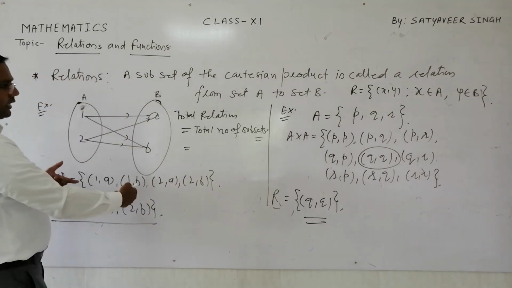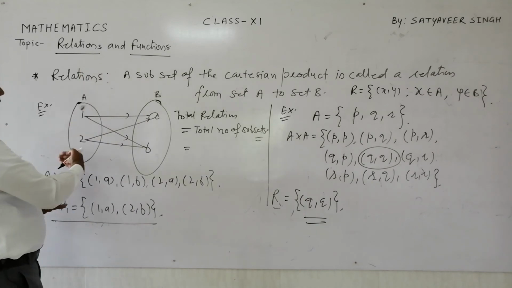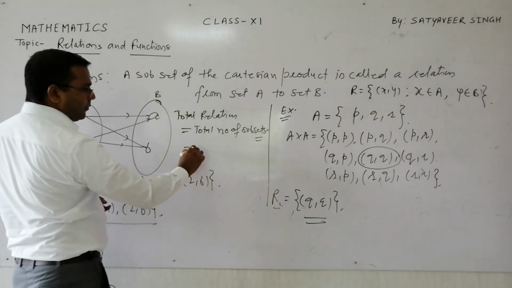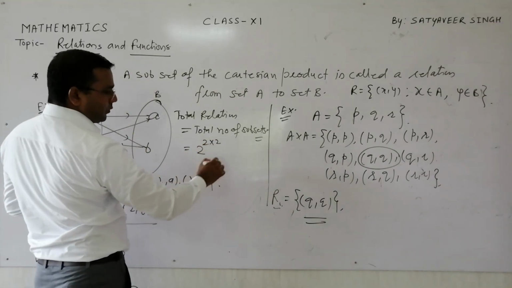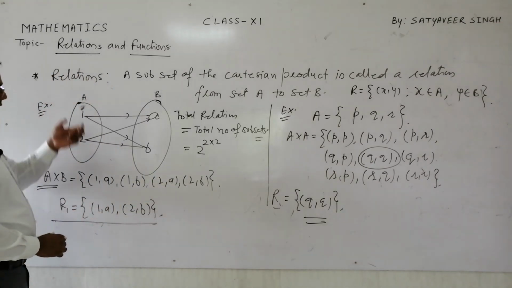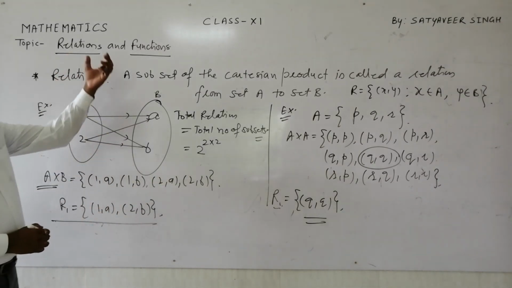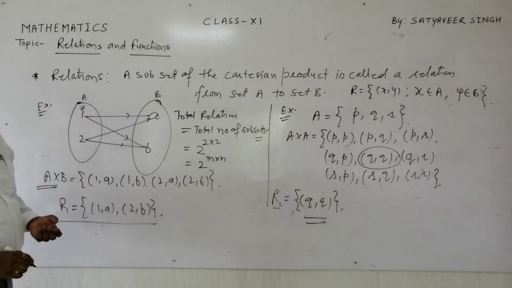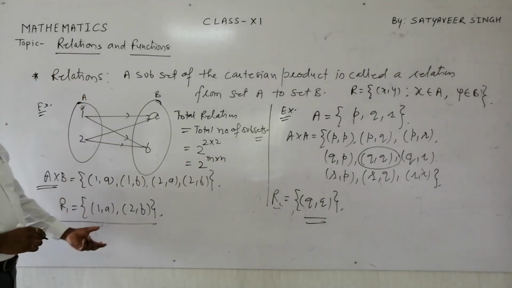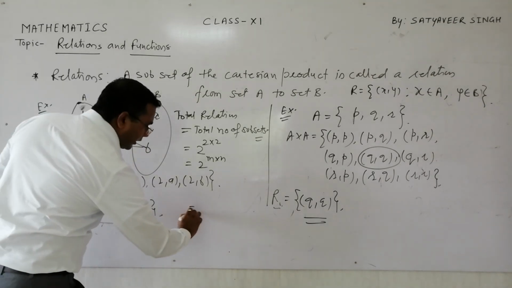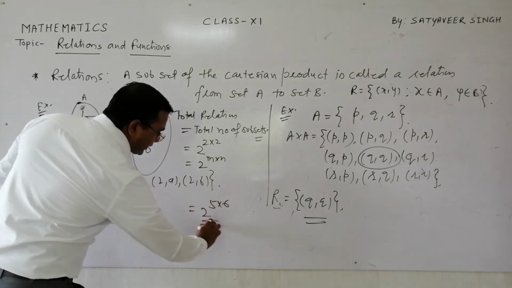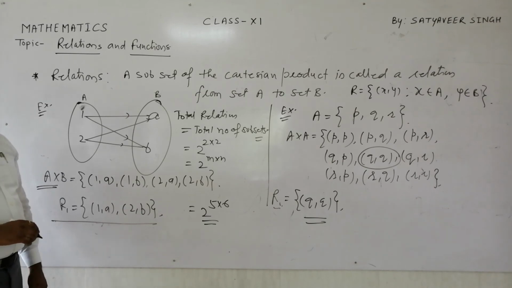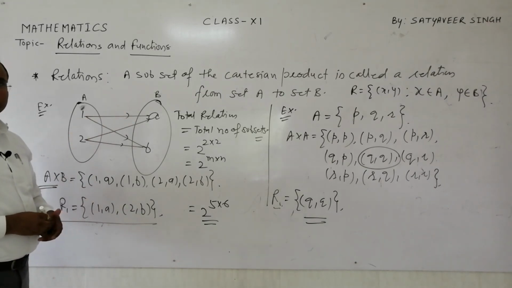If suppose two sets we have taken, set A is having 2 elements, B is having 2 elements, then it is 2 raised to 2 into 2. If A is having m elements, B is having n elements, 2 raised to m into n. If A is having 5 elements, B is having 6 elements, 2 raised to 5 into 6. So this is the formula for finding the total number of relations.